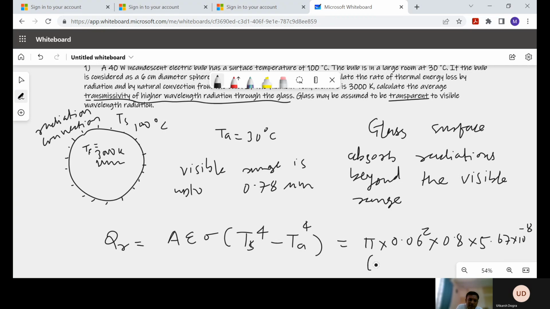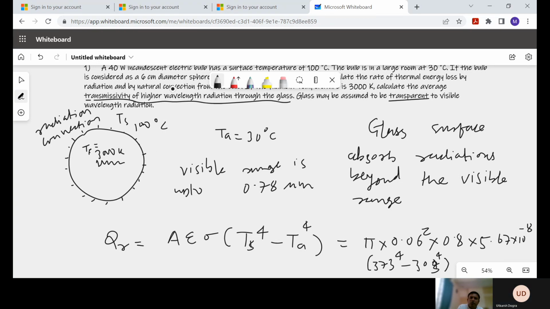TS is 373, isn't it? We have to take it in Kelvin. So 100 degrees Celsius is 373 Kelvin. TA is 273 plus 30, how much? 303.